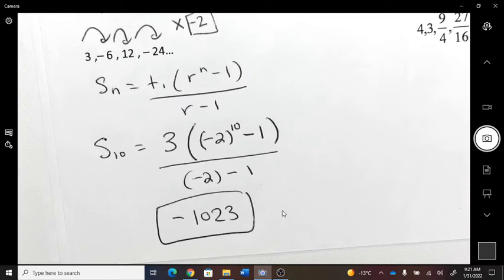You see how my brackets are? Bracket, bracket, bracket, bracket. Divided by bracket, negative 2. Okay, then you need bracket, bracket. Bracket minus 1. Bracket.